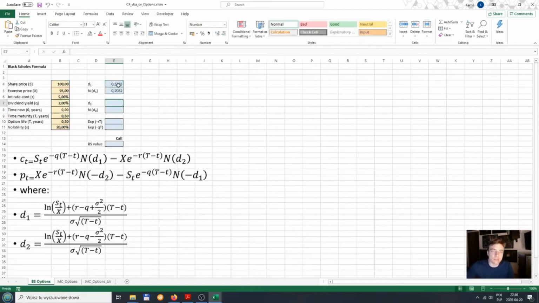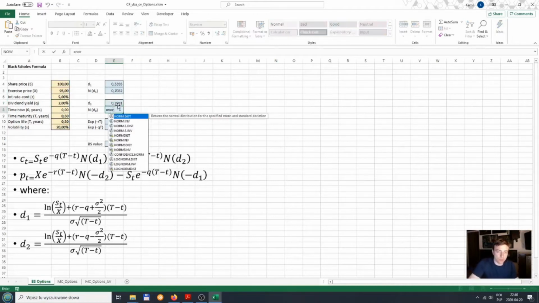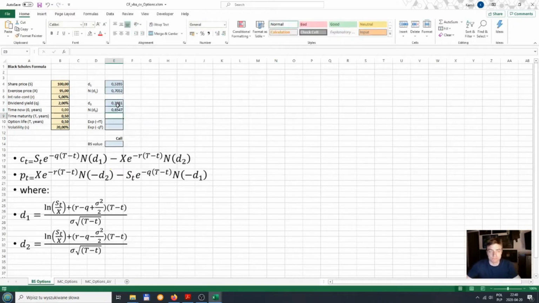And in case of D2, the only difference is in the sign that you use for half of variance. So if you copy the formula here and paste it for D2 and change the sign, you will have the proper value, and the same for the normal standard distribution and TRUE. Okay, so it's 0.65, 0.7.